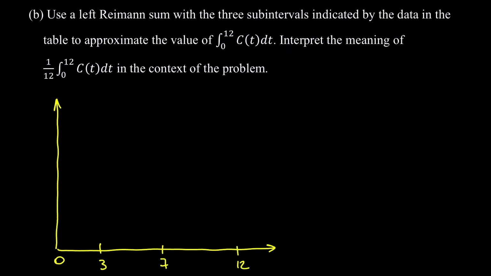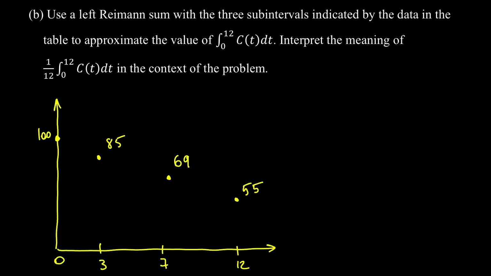And then the values are 100, here the value is 85, here the value is 69, and then here is the value of 55 degrees Celsius.